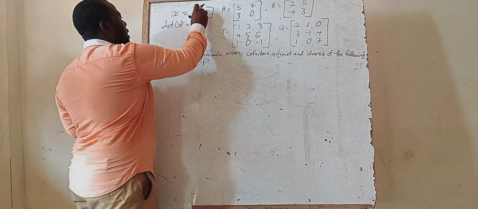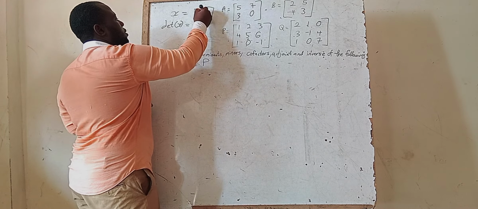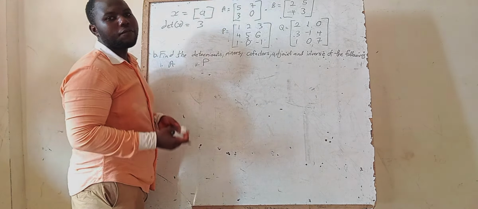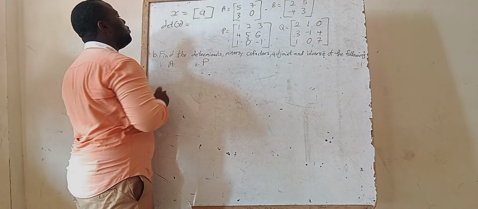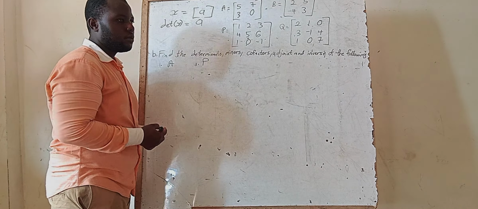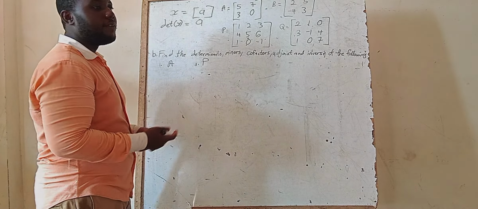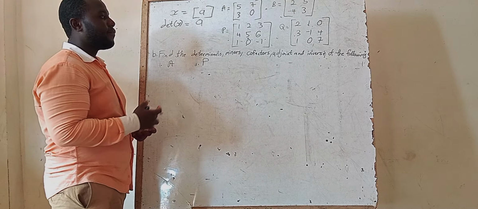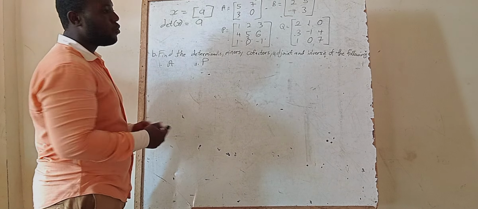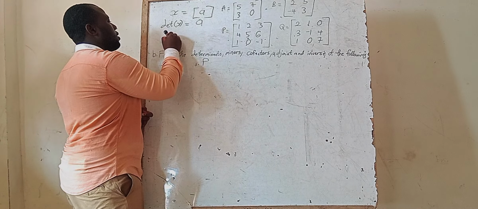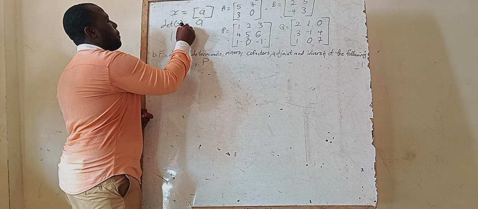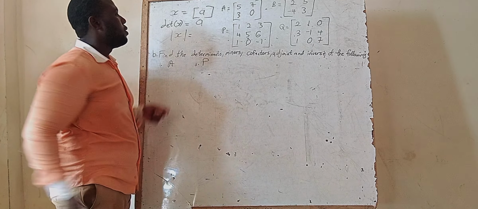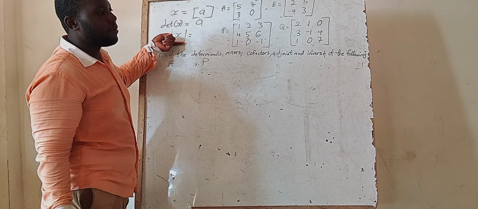So let's say if X was A, the determinant of X will be A. And also, if they give the question saying find the determinant of X, they could have asked to find this, which also means determinant.